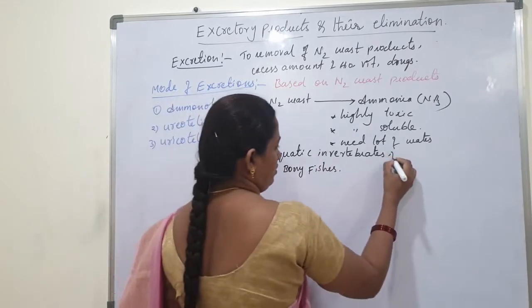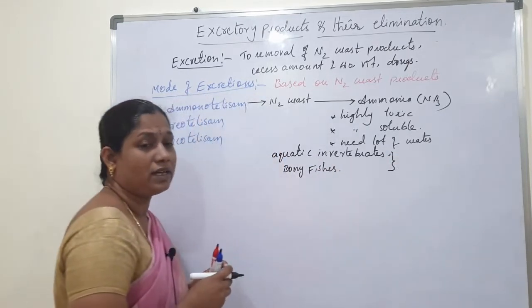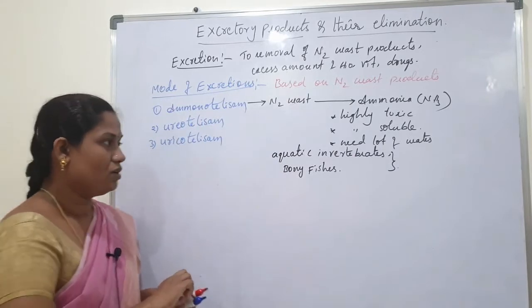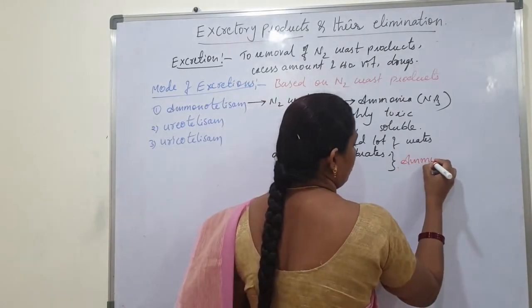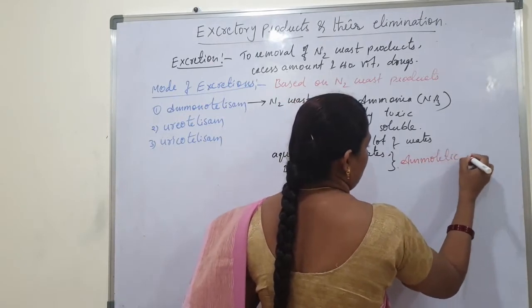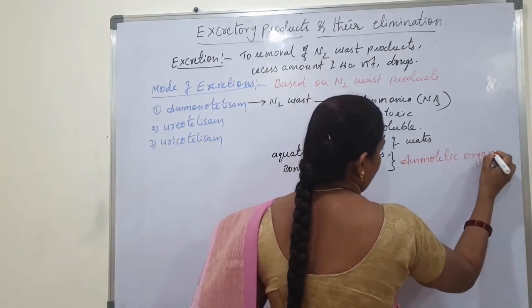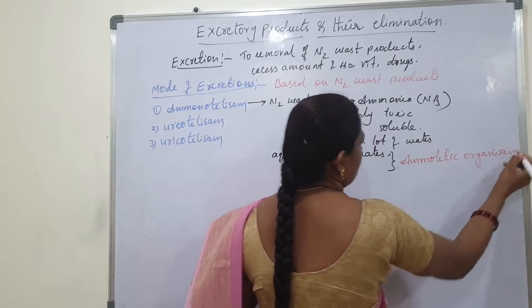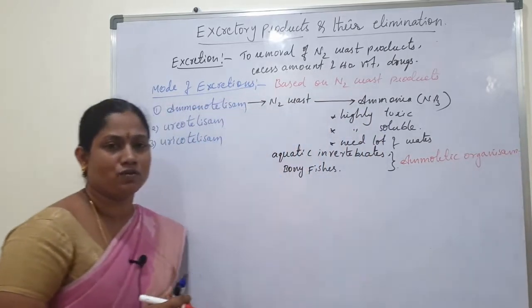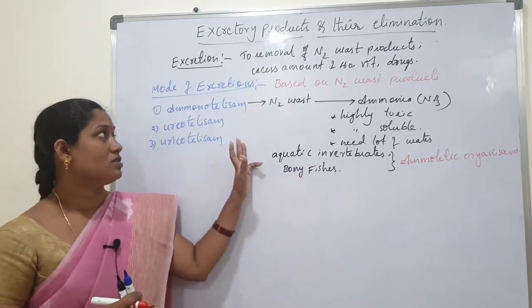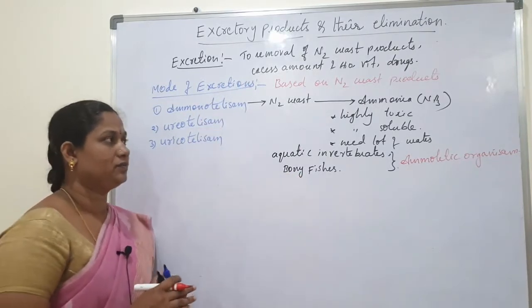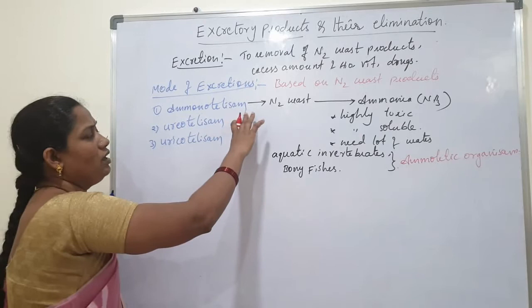These organisms are called ammonotelic organisms, which means they excrete their nitrogenous waste product in the form of ammonia. Okay, so this is about ammonotelism.